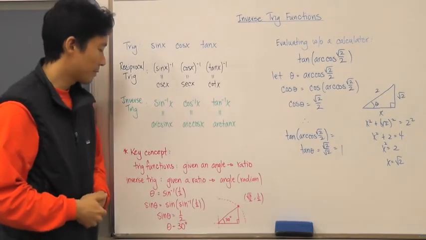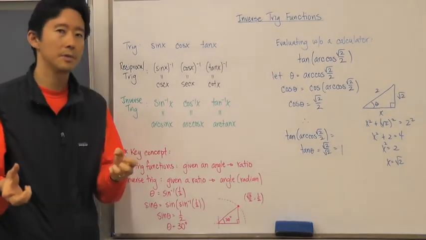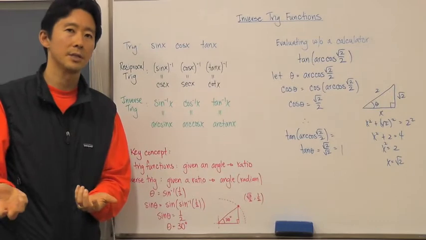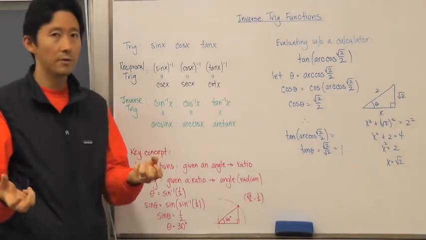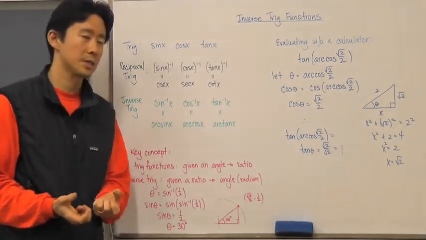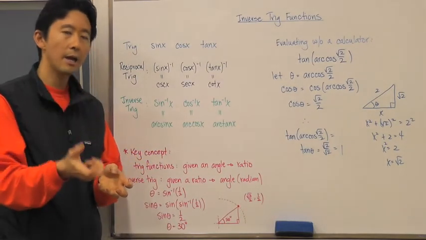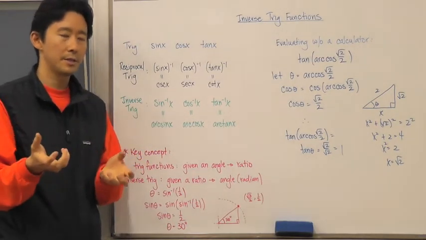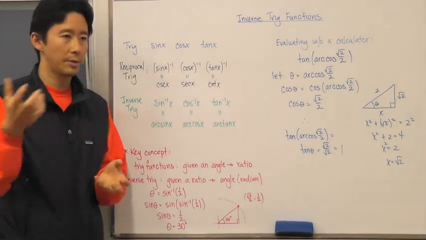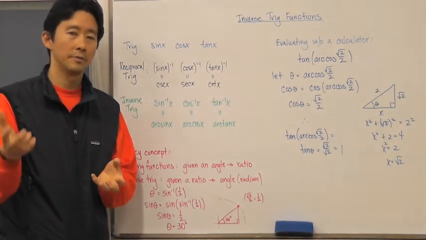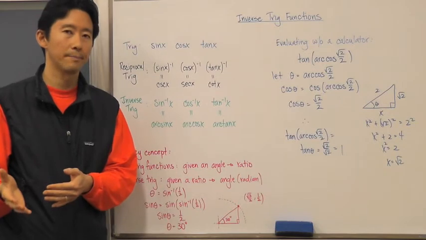Now, the key concept, of course, is the relationship between functions and their inverses. In this case, we're talking about the trig functions and the inverse trig functions. With the trig function, you give a particular angle value, whether that's in degrees or in radians, and you produce a ratio of two sides of a right triangle.